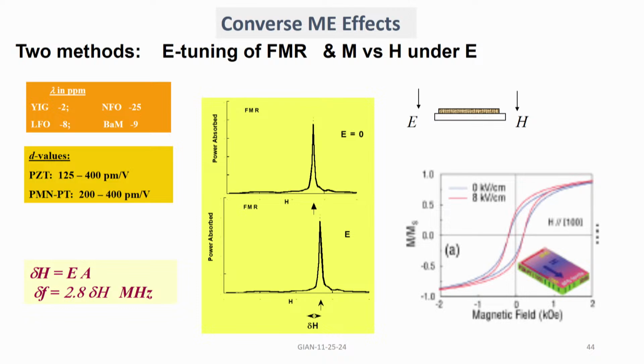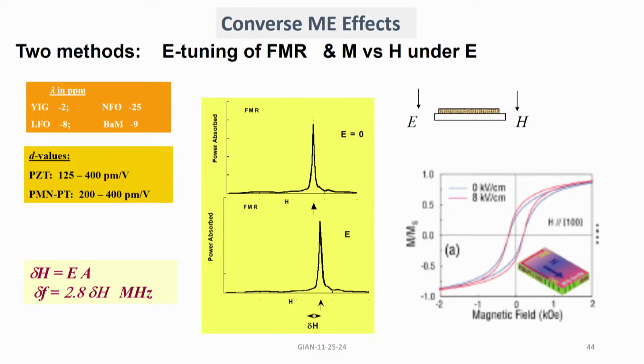But what will happen is the angle of precession will open up. So there is transfer of energy from the microwave field to the spin system. That's called resonance. That will appear as a peak in the power absorbed by the sample.